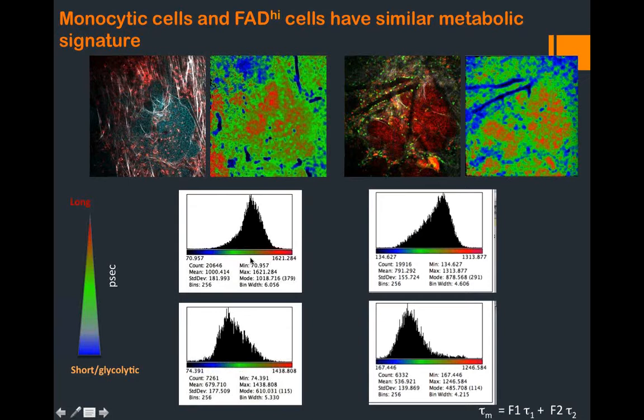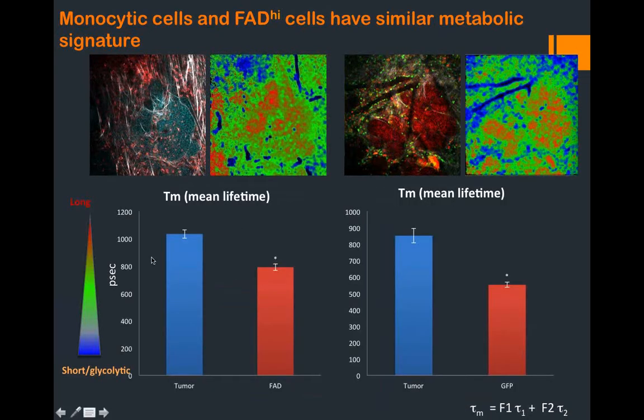And what we found was a very similar trend. The tumor cells that were bright in NADH had a significantly longer lifetime than the bright FAD cells, which was the same as the tumor cells having a significantly longer lifetime than the bright GFP monocytes. So this suggests that fluorescence lifetime is also giving us a similar contrast of these two different cell types.